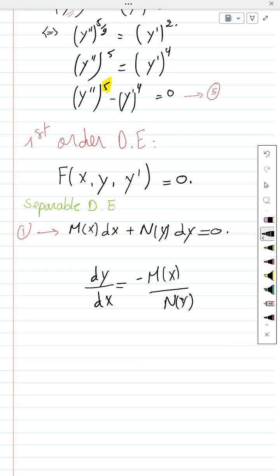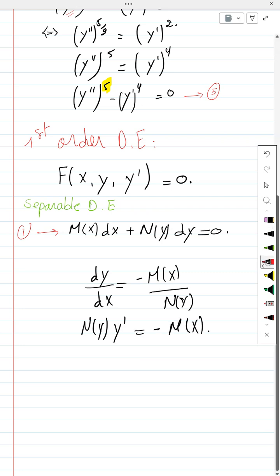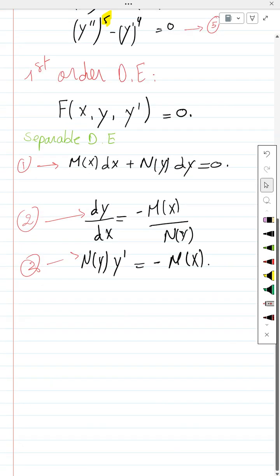Another way we can rewrite it is N(y) y prime is equal to minus M(x). Some people can see it in this form, and others can see it in this form.